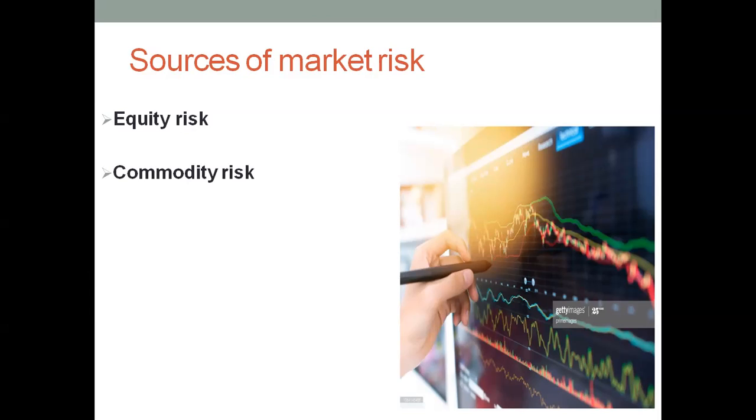Now, for example, suppose there is an oversupply of crude oil, which has caused oil prices to fall every day over the past 6 months. So, now a company that is heavily invested in oil drilling wells faces commodity price risk. As a result, what will happen?